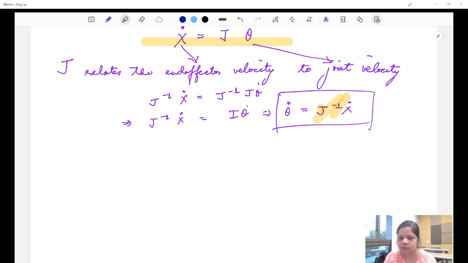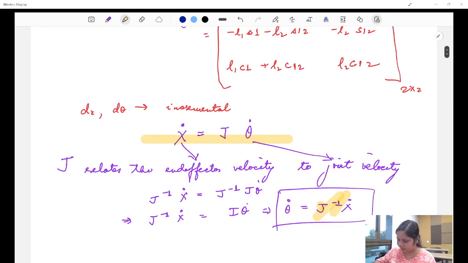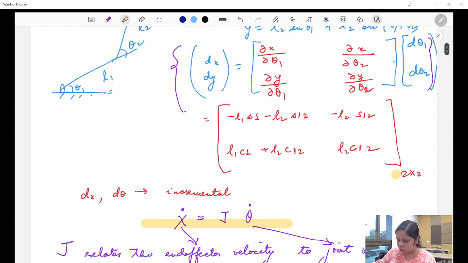How do we do that? Okay, just let me reiterate my point. In this case, it was a 2 cross 2 matrix, right? And we know how to take the inverse of a 2 cross 2 matrix, right?